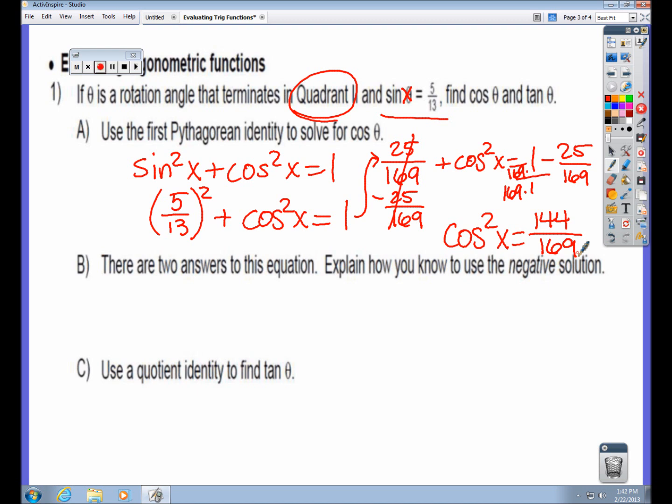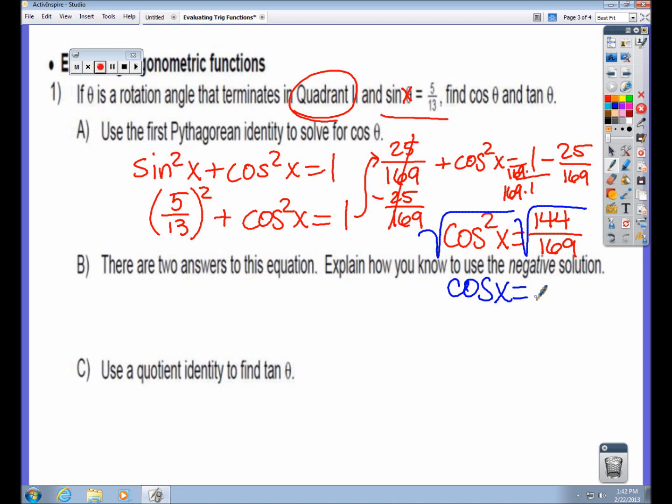Now we're not quite finished because the cosine squared equals 144/169, but we just want cosine. So we're going to square root both sides. The square root of cosine squared is cosine. And this time we've got to decide if it should be positive or negative.